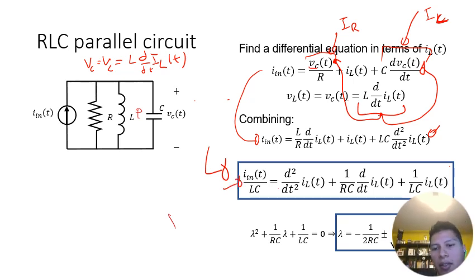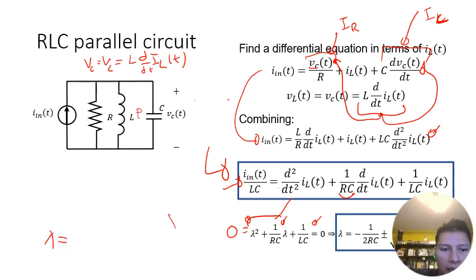So now we can actually look at these characteristic equations. So we're going to have that 0 equals lambda squared plus 1 over RC lambda plus 1 over LC, and then we can find the roots by simply using our quadratic formula.